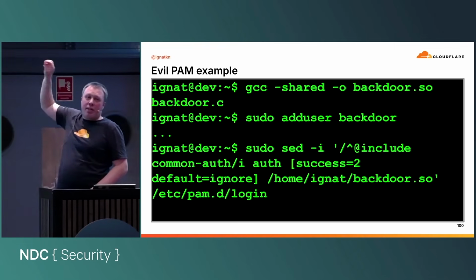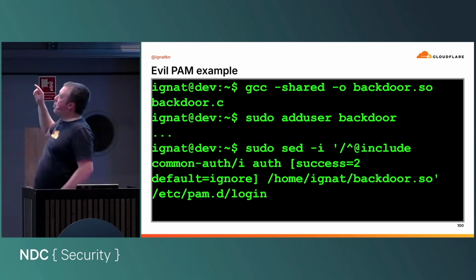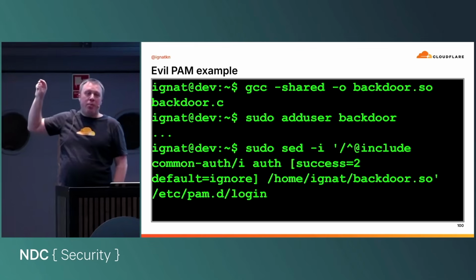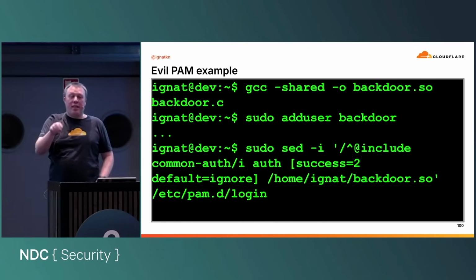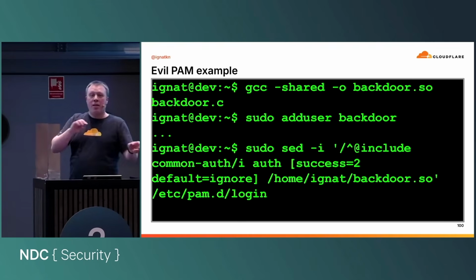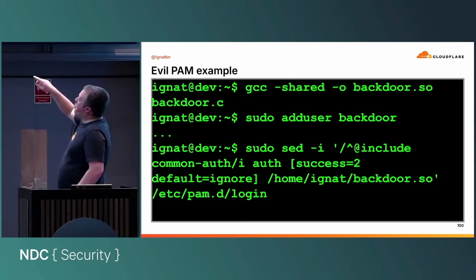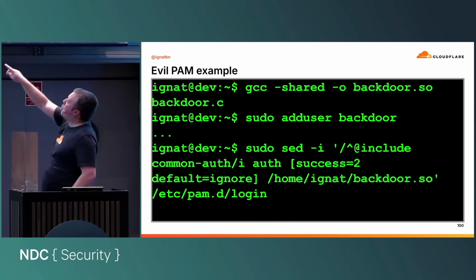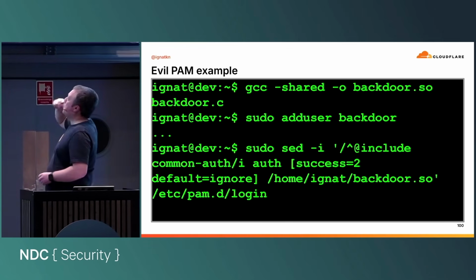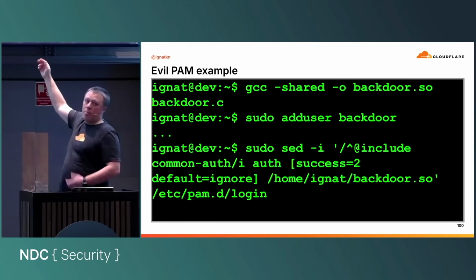The nice thing about PAM is you can configure policies per service. By modifying /etc/pam.d/login, I'm only enabling this module for the login running on the serial console, but not for SSH, right? So you can have per-application policies. What this sed does is search for the string @include common-auth, and insert an entry in between called auth [success=ignore] and pass to my PAM module.